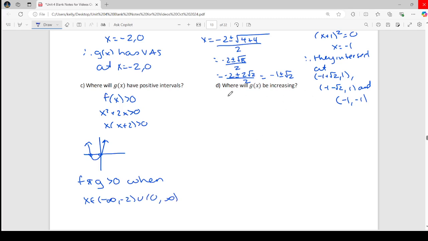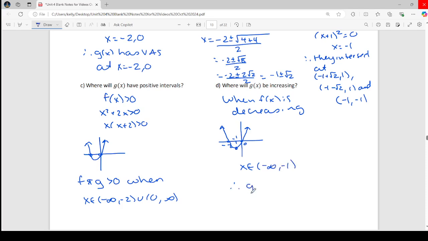So g of x will be increasing when f of x is decreasing. So doing this sketch again, we have negative 2, 0. Okay, so our function increases until the vertex. The vertex will occur halfway between the zeros, so it occurs when x is negative 1. So f of x is decreasing from negative infinity to negative 1.